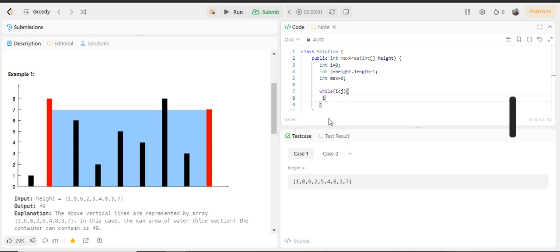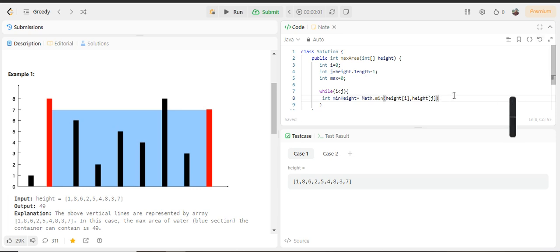So first you find the min height: minHeight equal to Math.min(height[i], height[j]).